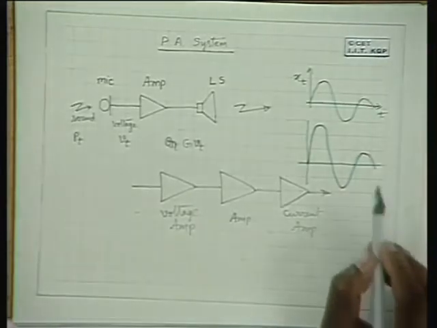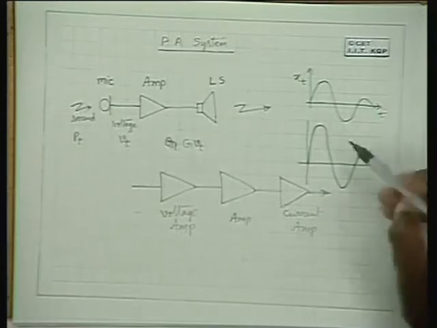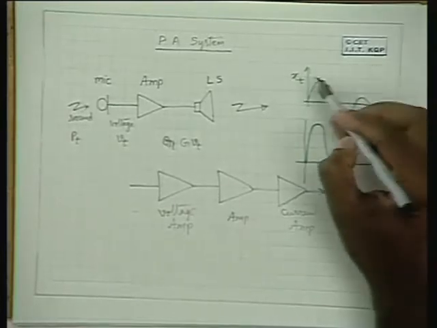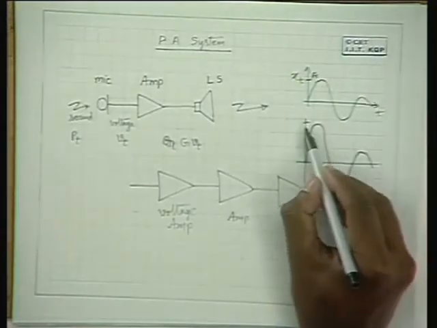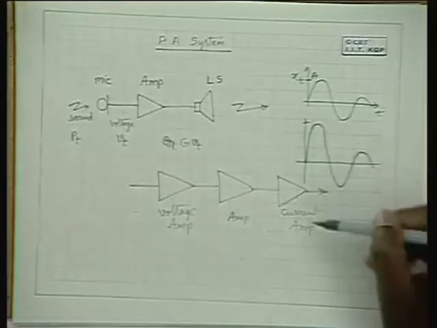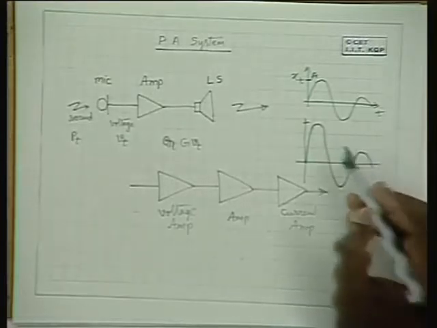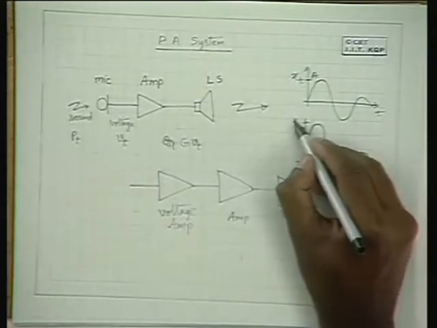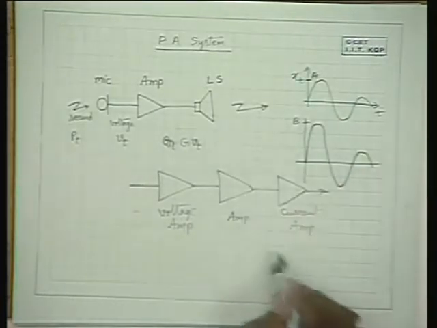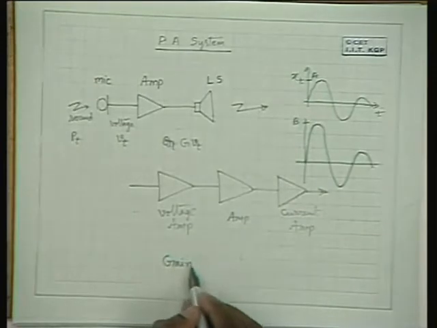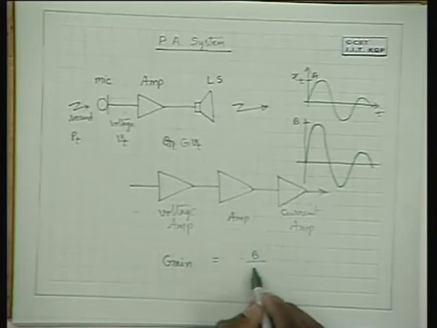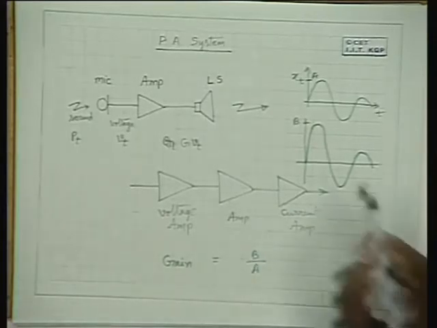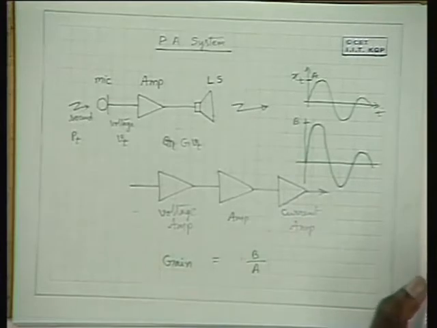What is the difference between these two? It is just an amplified version of this. If its amplitude level is something over here, now its amplitude level is much higher, and the ratio between these amplitude levels is known as gain. If this is A and this is B, voltage gain G is defined as B by A. It is as simple as that. So the shape remains the same, only the amplitude is scaled.